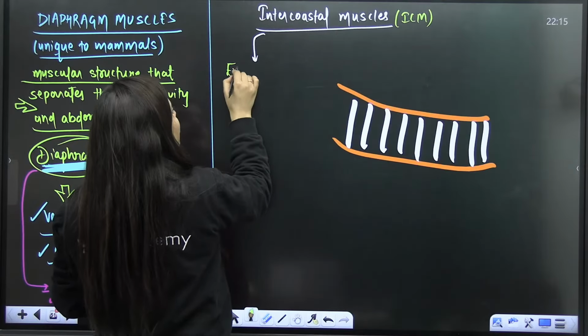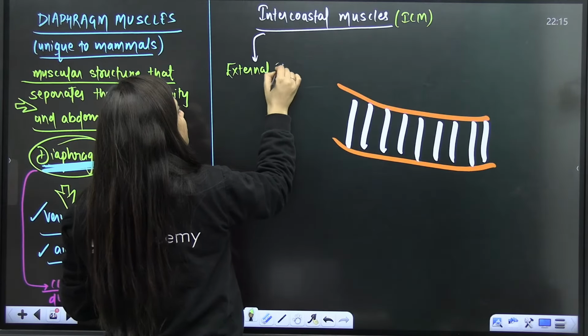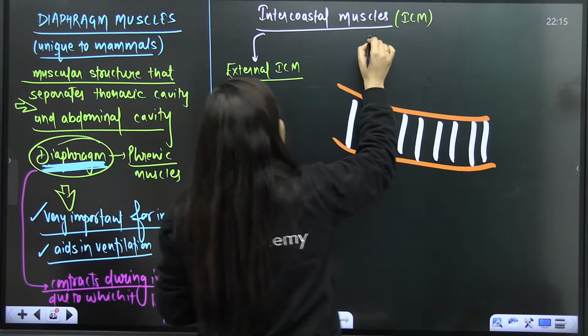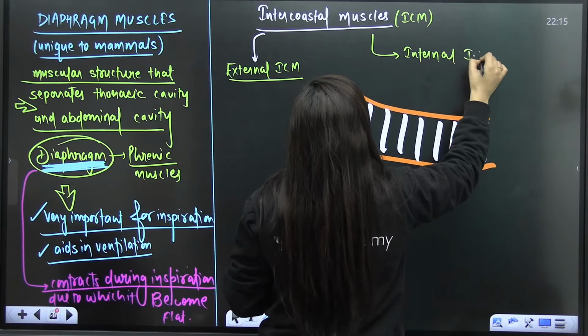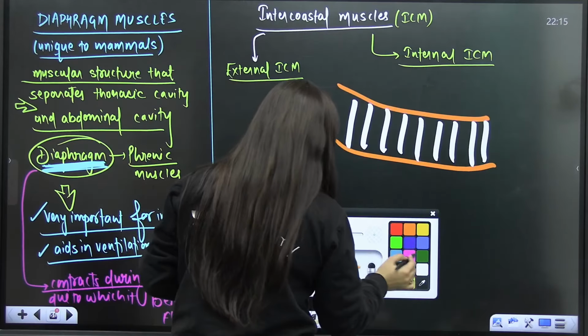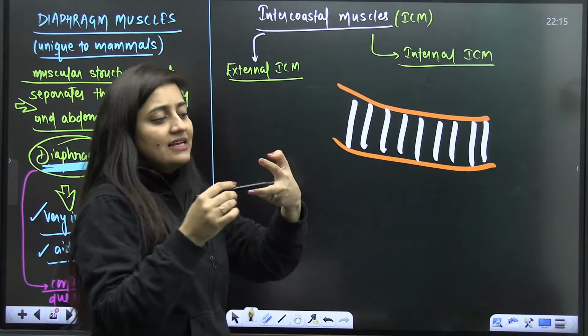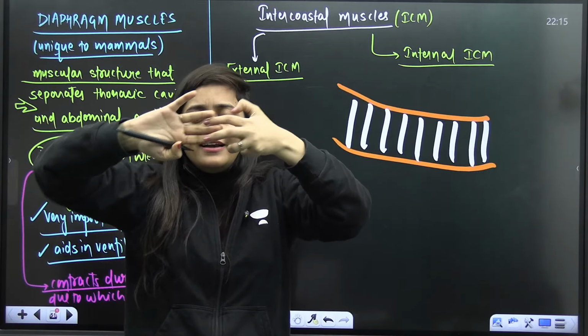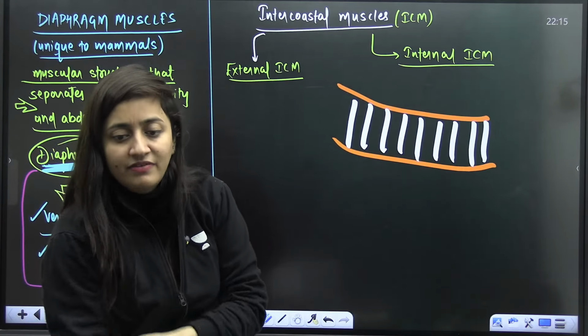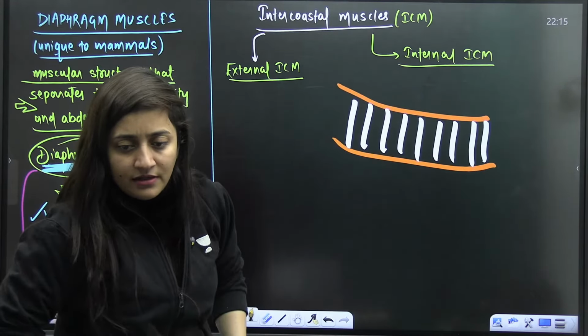We have two types here: one is external intercostal muscle and the other is internal intercostal muscle. Let's suppose these are the ribs. The outer side has the external one, and the inner side has the internal one. We will talk about this first. Is that clear?